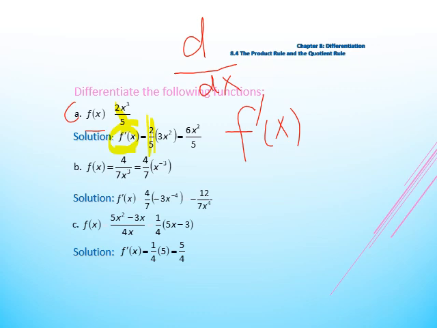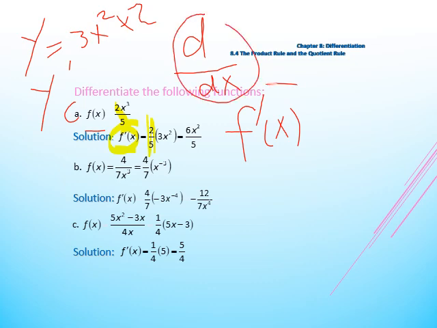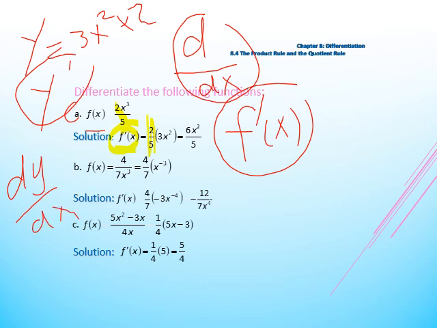Or if the function is in the form y equals 3x, for example, then y dash or dy over dx. This all means that we want to get the derivative of the given function.